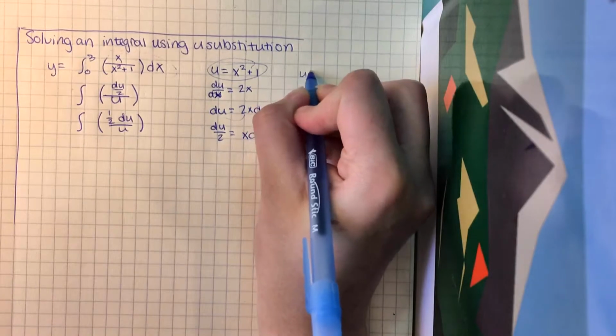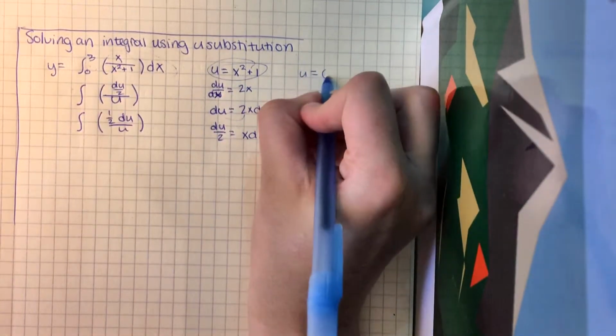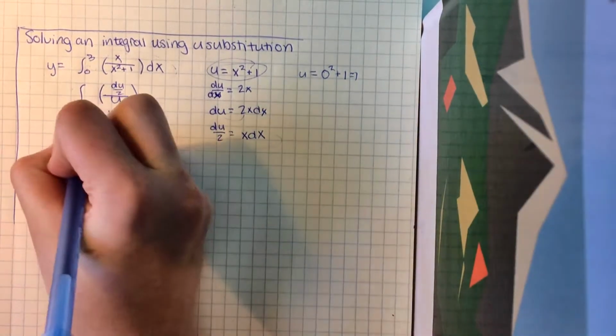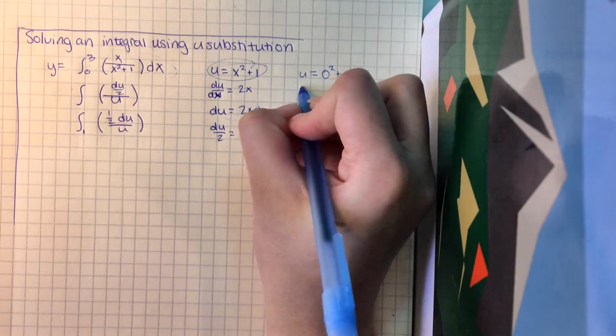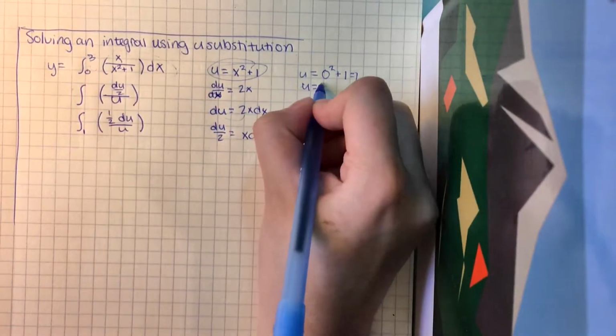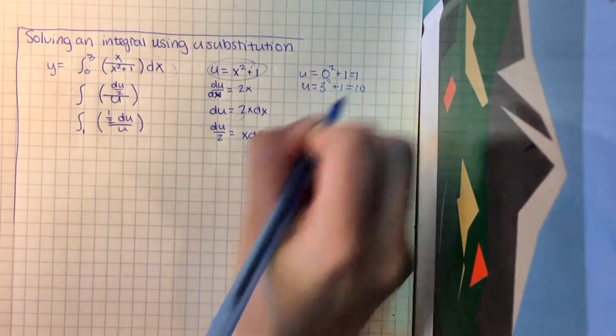So your u, and you're going to plug in your bottom limit, so 0 squared plus 1, that's just 1, so we're going to write that over here. And then for your top limit, which is 3, you plug that in also, and you're going to get 10.